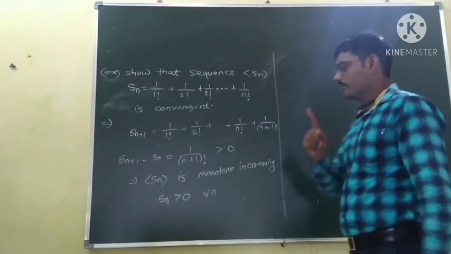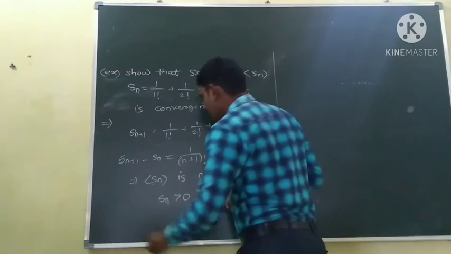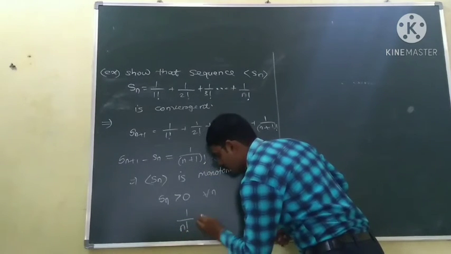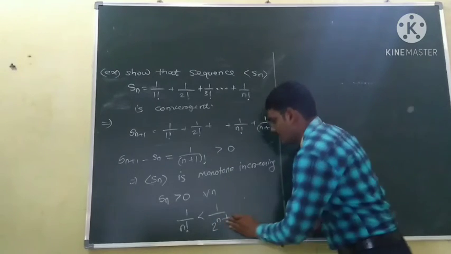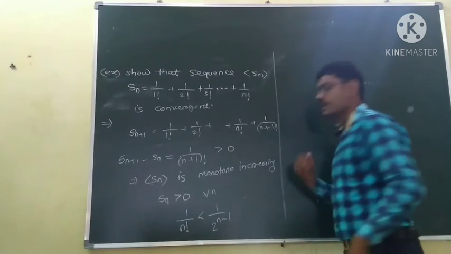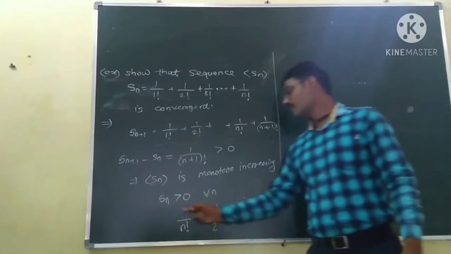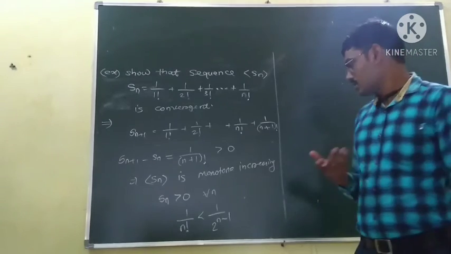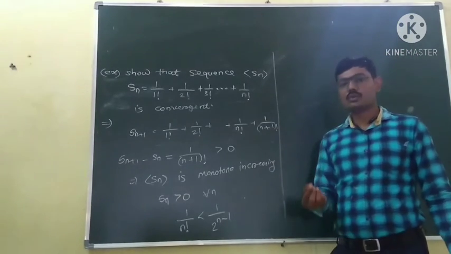Now you have to note one inequality: 1 upon n factorial is always less than or equal to 1 upon 2 raised to power n minus 1, and this is true for each n. You can verify by putting in values of n. So we will verify this for a few values of n.